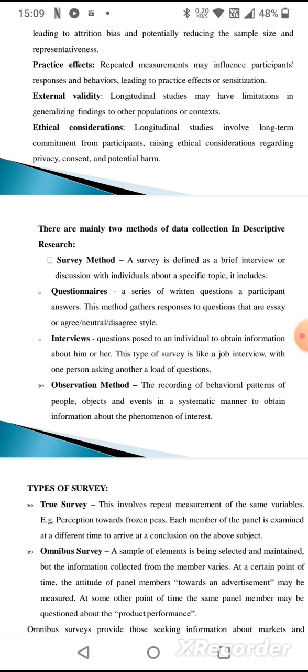It might be through questionnaires, interviews, etc. And then the observation method, wherein you record the behavioral patterns of people, objects and events in a systematic manner to obtain information about the phenomenon of interest, right? Those two methods are important. Just make sure we have two methods for collecting descriptive data: one is the survey method and one is the observation method.